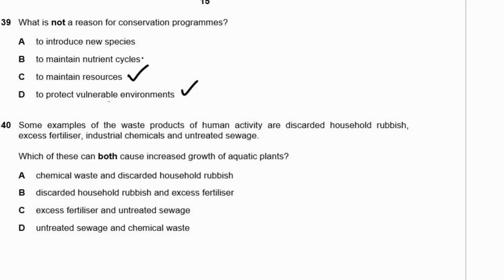To maintain nutrient cycles, yes, it's to maintain a balance. Is it to introduce new species? Introducing new species can be used in conservation programs, but that is not the purpose of a conservation program. So no, A. Generally you do not want to introduce new species. You generally want to reintroduce species that are endangered, that should be there. New species implies invasive species. It's always dangerous to introduce new species.